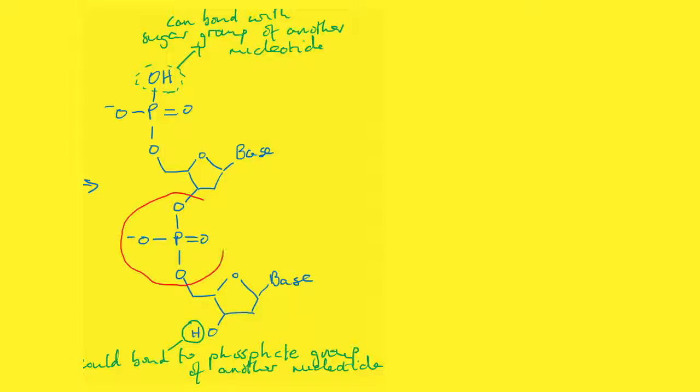So it includes the oxygen that came from one nucleotide, and it includes the phosphate part of the other nucleotide, and that, when together, makes a phosphodiester bond. So let's write it out. Phospho, from the phosphate part of the ester, diester bond.